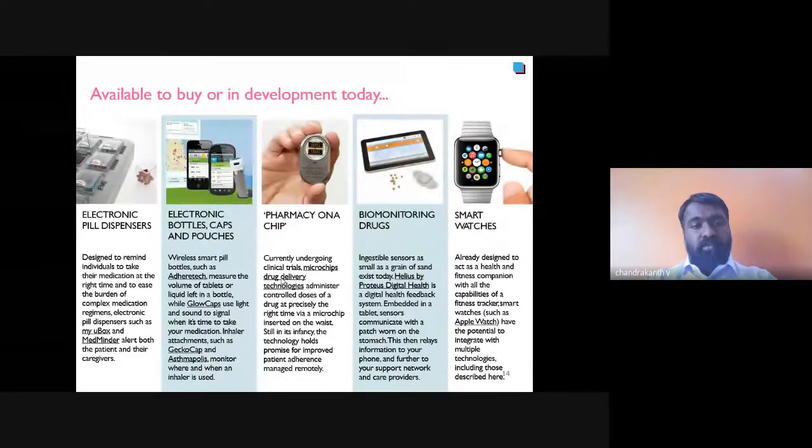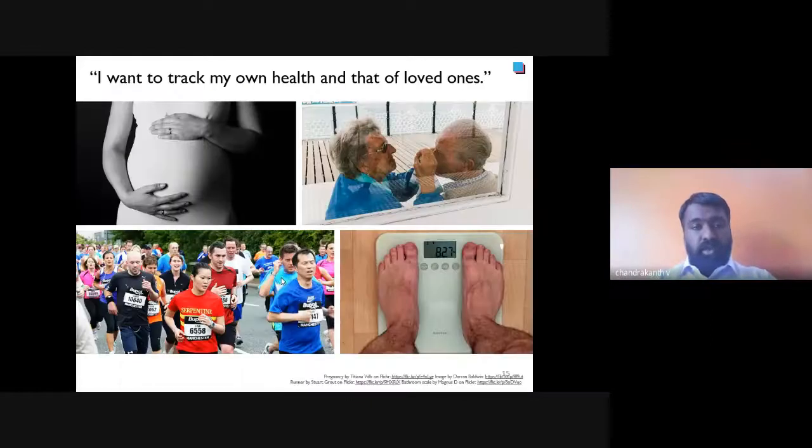This is a drug delivery technology also, and there are monitoring systems, and smart watches which you are familiar with. Smartwatches have heart rate monitoring, and ECG is coming in the future actually. So how do people track their health?